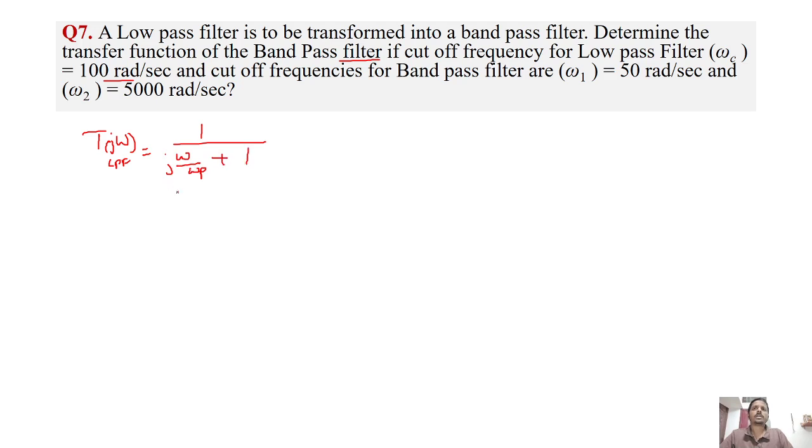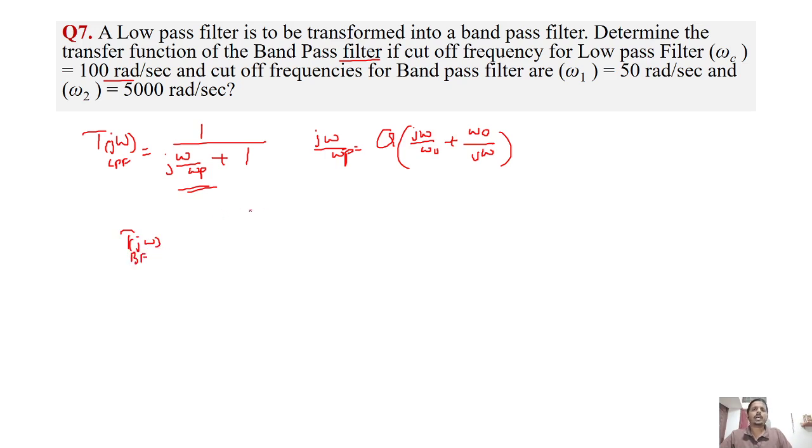So I just need to substitute the transformation, that is j omega by omega p equal to Q into (j omega by omega naught plus omega naught by j omega), and I will get the transfer function T of j omega of the band pass filter.